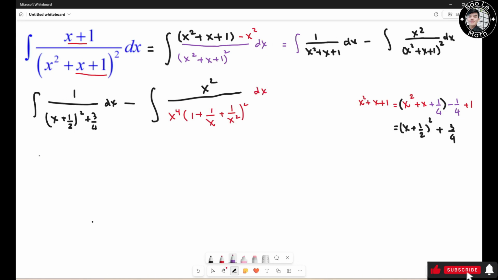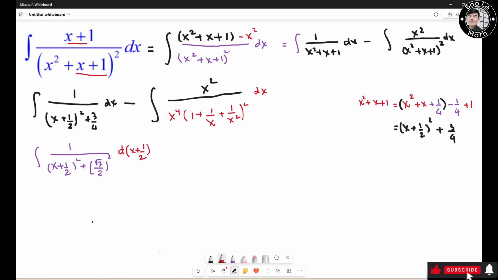This guy I can rewrite as 1 over s plus 1 half altogether square plus root 3 over 2 altogether square, and then ds I can write as d of s plus 1 half.